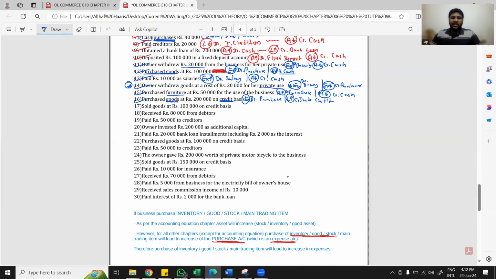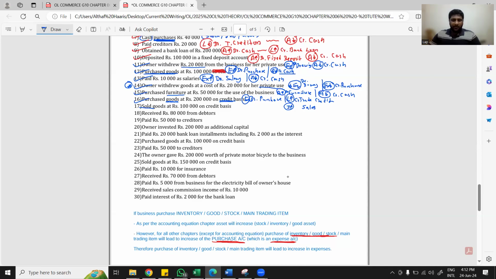Sold goods on credit basis. It's a sale. Sale is what for the business? Sale is income. So income increases, sales income. Income increases, what record?